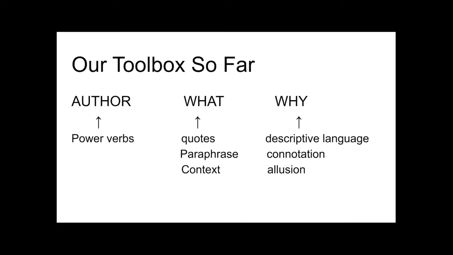When you're fleshing out the what in your paragraph, that's primarily going to be evidence: quotes, paraphrases, and contextual information, only that if it's absolutely necessary. But it's the evidence that fits in the box of your what, the label that you gave your box.